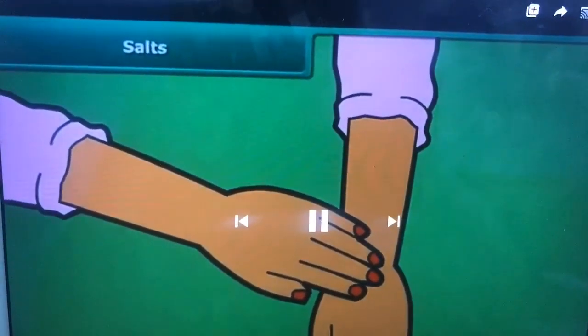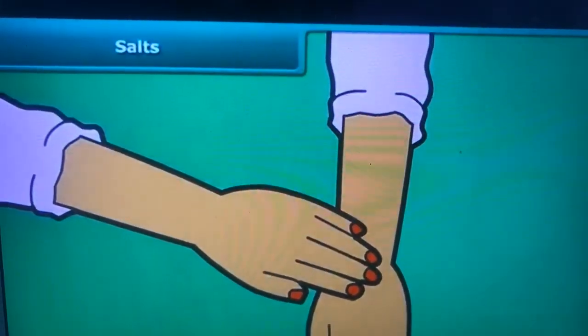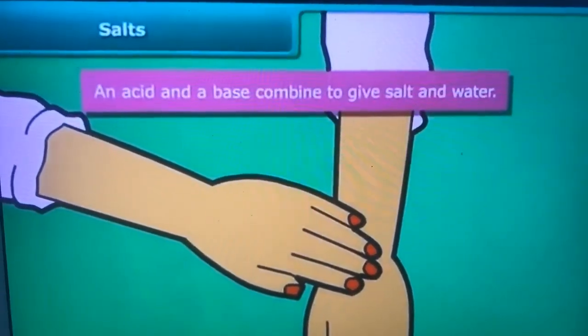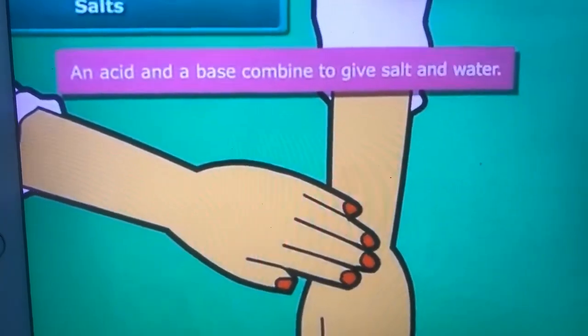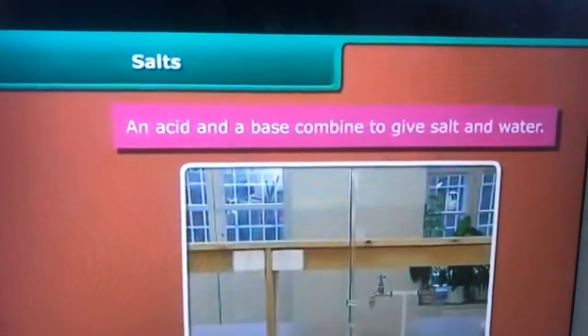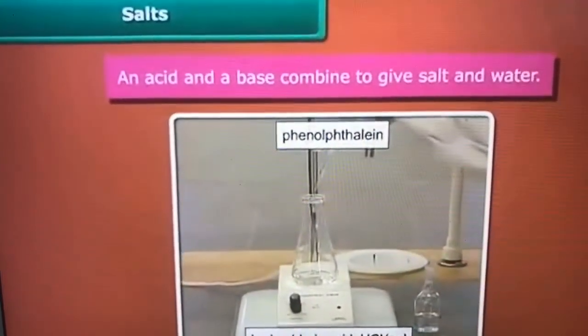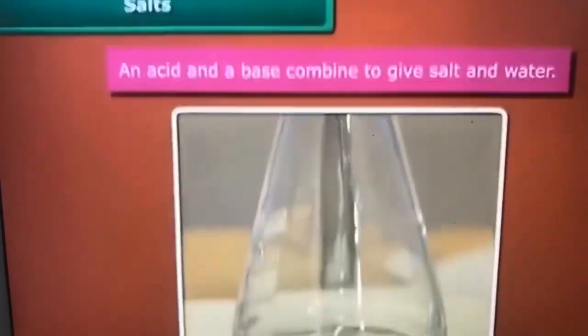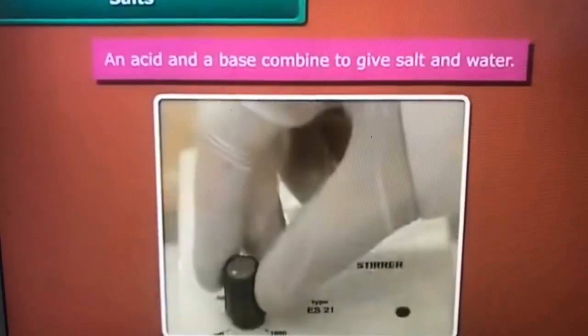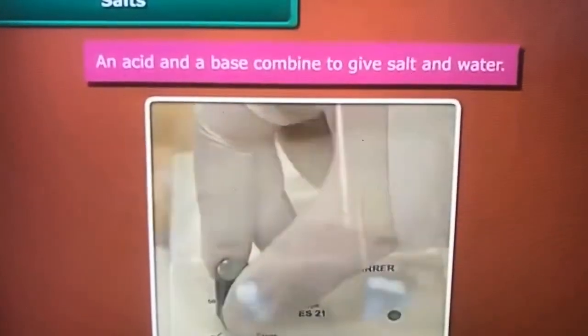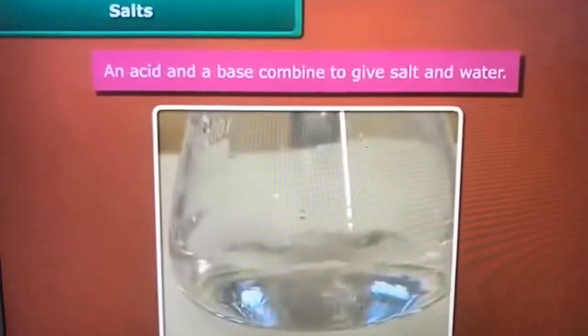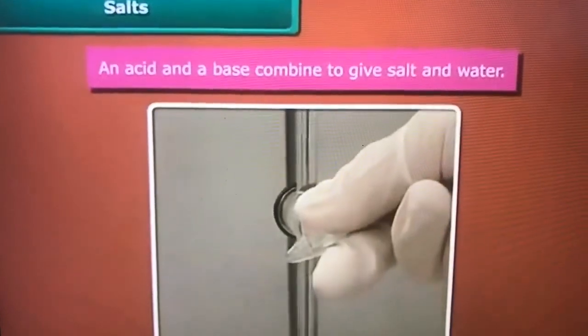When an acid is mixed with a base. An acid and a base combine to give salt and water. Let's do the following experiment. Add some phenolphthalein to dilute hydrochloric acid. The indicator remains colorless in the acidic solution. Now we add a solution of sodium hydroxide in the small portions.